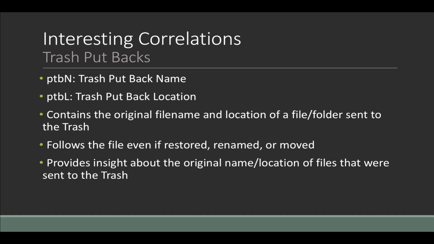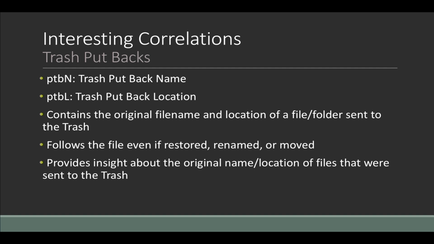Trash putbacks are very interesting. If you send a file to the trash, two record entries are created in the DSStore in the trash for a single file. One is the trash putback name, the other is the trash putback location. Those are the original name and location of a file that was sent to the trash.